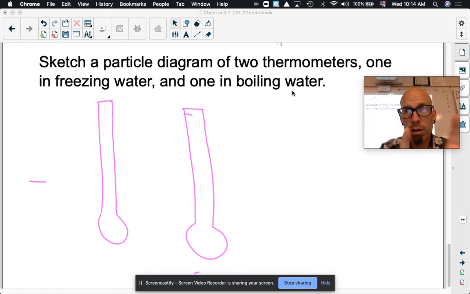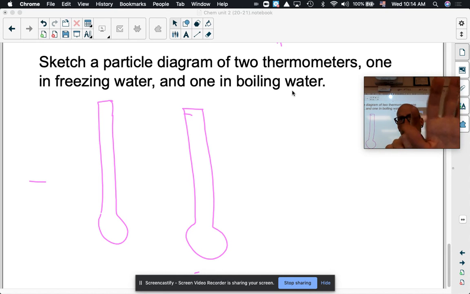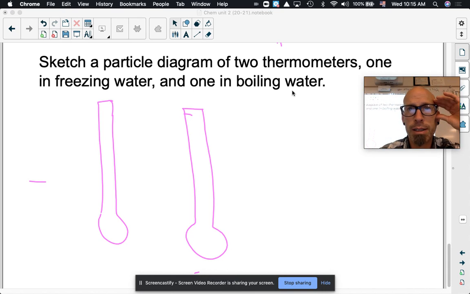There's 6 of them, remember? Deposition, sublimation, melting, freezing, evaporation, condensation. 6 of them. And you need to know what the particle behavior is like in solids, liquids, and gases. You need to understand the difference between temperature and thermal energy. So there are several things you need to make sure you know and understand for this test that's coming up.